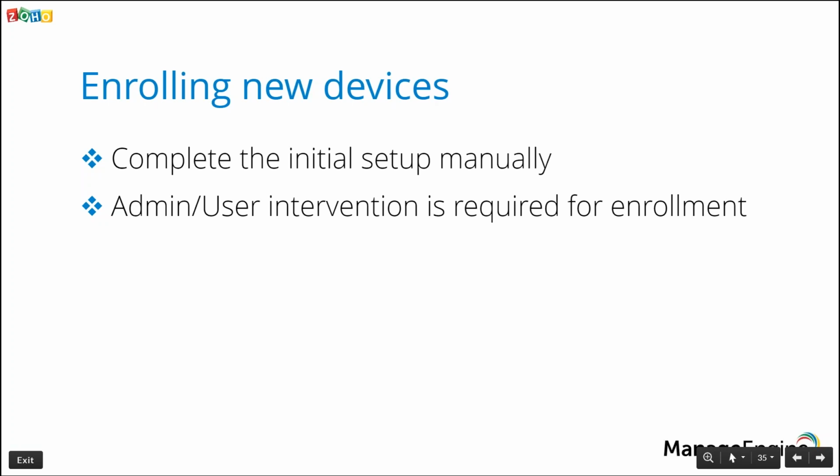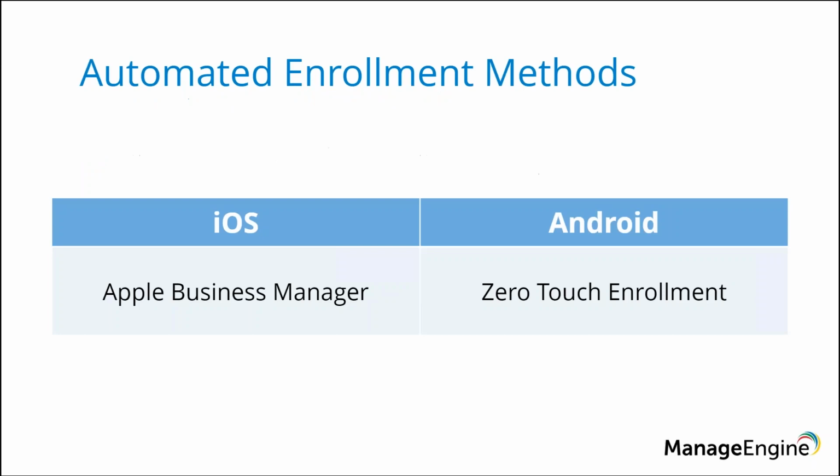Here, the enrollment of new devices is always a pain because you'd have to complete the entire initial setup process manually, and at all times it's necessary to have a user or an admin intervention in order to complete the enrollment process itself. But to tackle these situations is why we have our automated enrollment methods.